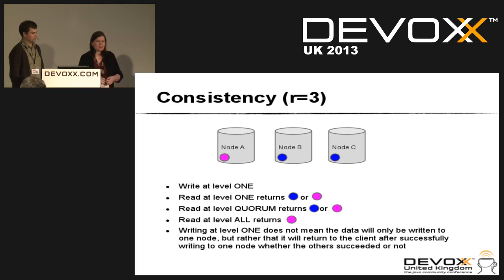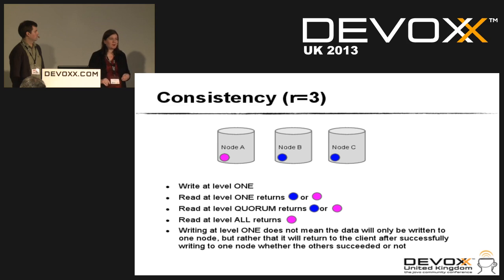So let's look a bit closer at this with some examples. Over here, I've got 3 nodes, and my replication factor is 3. And I've got a bit of data represented by the blue dot. So let's do a write at level 1. We send the request off to Cassandra, and the coordinator node will then tell the nodes we're writing at level 1.